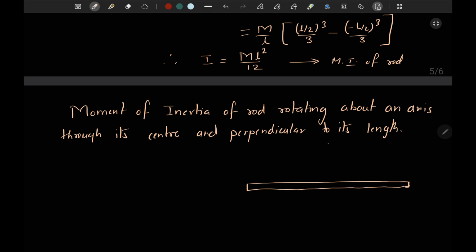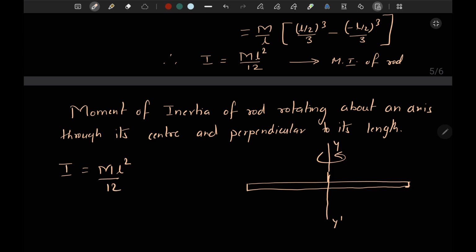This is the rod and this is the axis. And for this we have obtained the moment of inertia as m L square by 12.